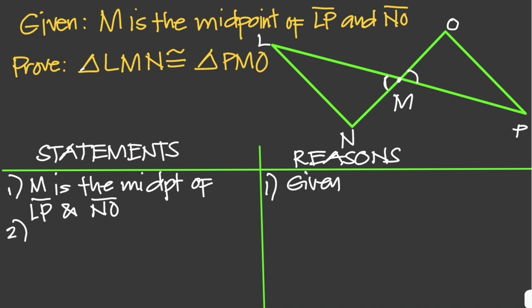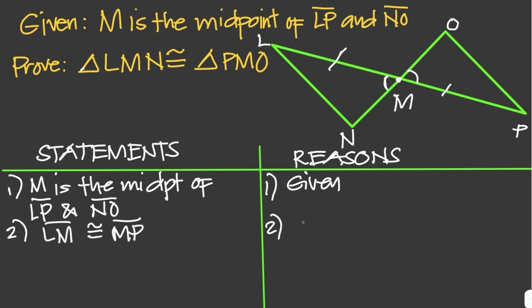Since we're given the midpoint, the midpoint cuts any segment into equal halves. Therefore we can write side LM is congruent to segment MP.